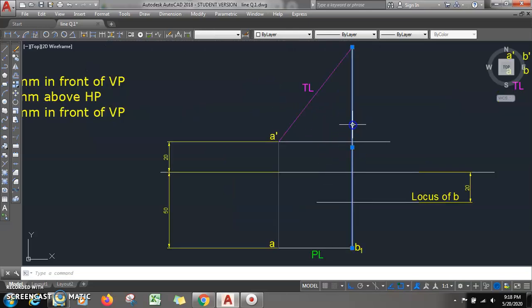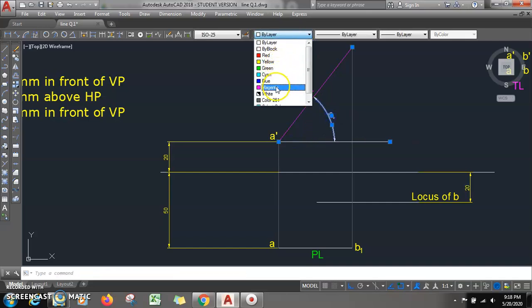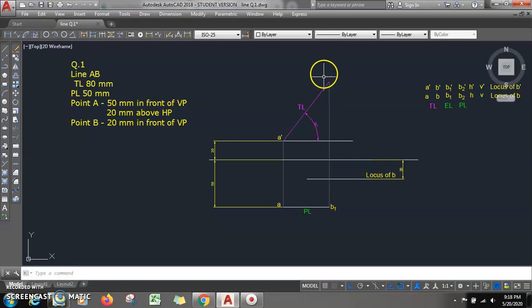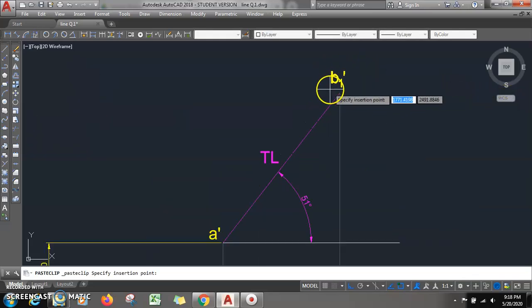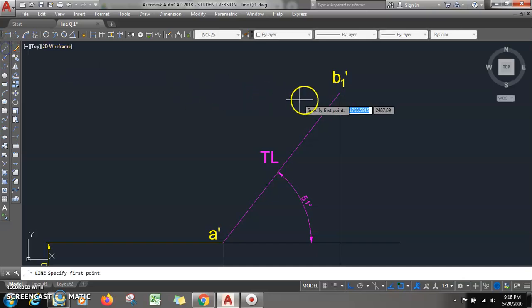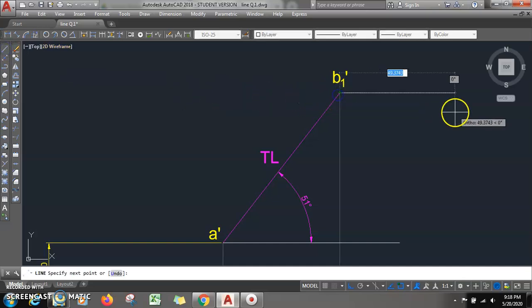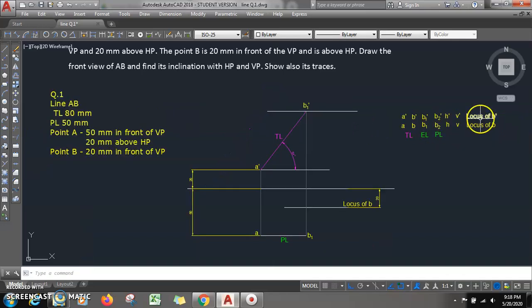This is the projector. This angle is found to be 51, so 51 is your theta. This end point is b1 dash, and the horizontal line passing through b1 dash is called the locus of b dash.